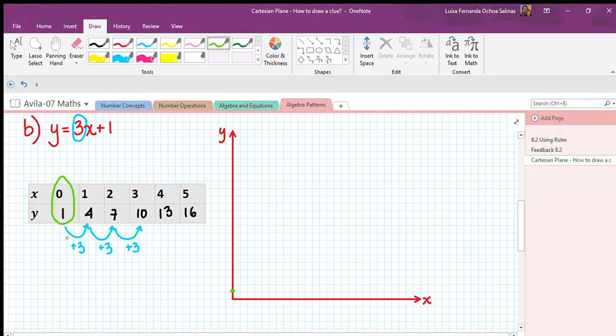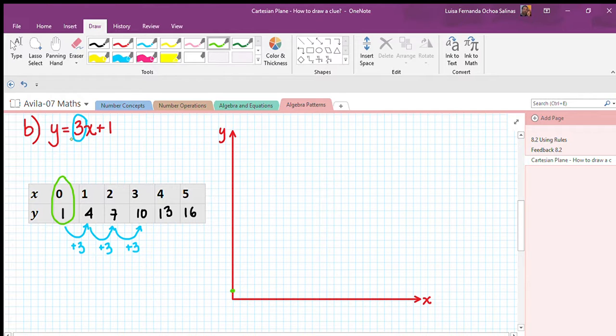Now, to plot my next point, this is what I want you to do. We know that to use our ladder method, I have to move to the side first and then going up or down. So what this 3 is telling me is I actually have to go 3 up each time.